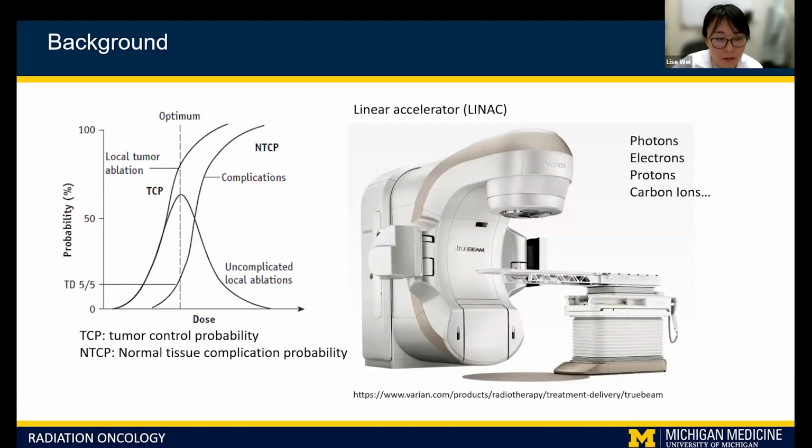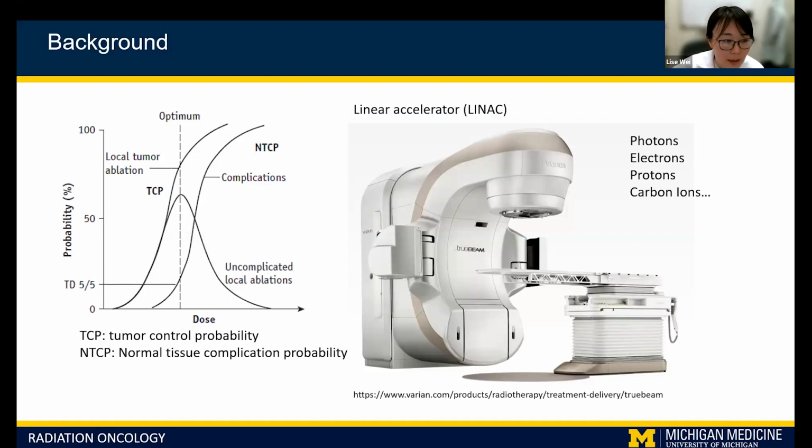So the rationale for how we can use radiation to treat tumors is shown in the left figure. The x-axis is dose and the y-axis is probability. There are two curves. One is the tumor control probability, which is the one on the left side.